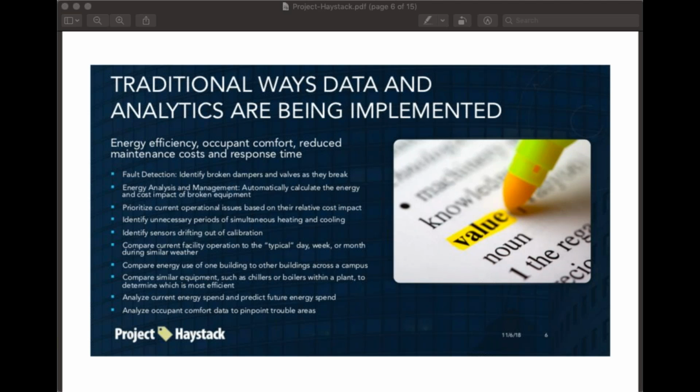How do you assess that? Well, you get a new type of data you have to get a hold of and understand, and that's the data associated with your tariff rates, to make sure that the energy pattern of usage and demand is appropriate for the tariff rate you're on.